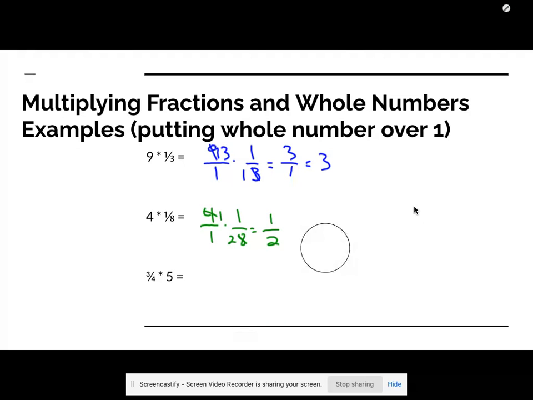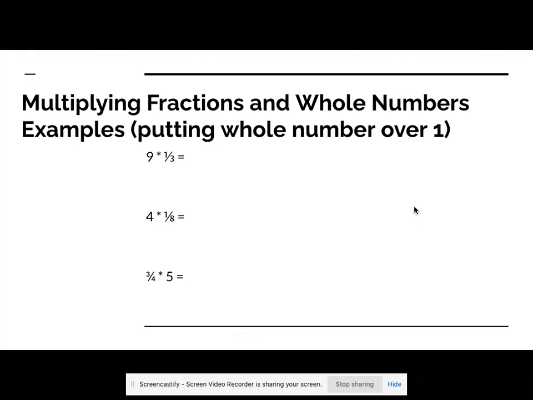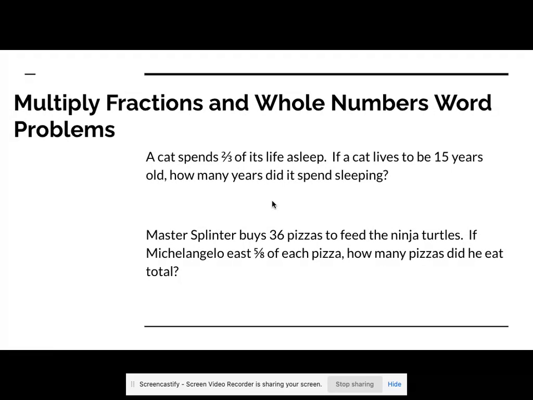All right, so moving on to the next, some story problems. A cat spends 2/3 of its life asleep. If a cat lives to be 15 years old, how many years did it spend sleeping? So I can do 2/3 times 15 over 1. I see that I have a greatest common factor here, which is 3.